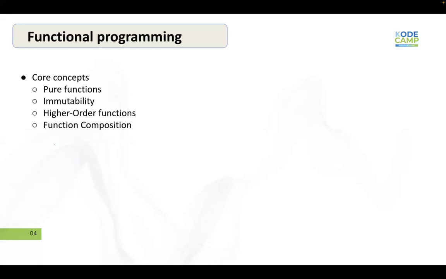So in functional programming, we have pure functions, which are the foundation of functional programming. A pure function is deterministic, so it always returns the same output for the same input, and has no side effects. That means it doesn't modify anything outside its scope.